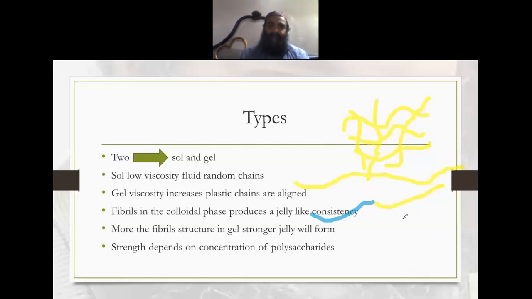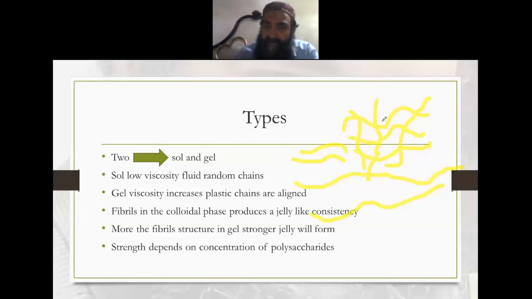Now, fibrils. These are fibrils. These little fiber-like, small elements make these sol and gel particles; especially they make fibrils. Fibrils in the colloidal phase produce a jelly-like condition. Either this form or this form, they always produce gel-like consistency.